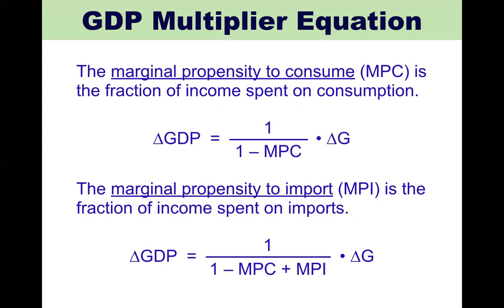So we are currently $10 million in GDP below the natural level. Well, if that's the case and we have a multiplier of 4, then we can see that delta G, which is how much the government is going to need to spend, would be equal to $2.5 million. So 4 multiplied by 2.5 million will give us 10 million.